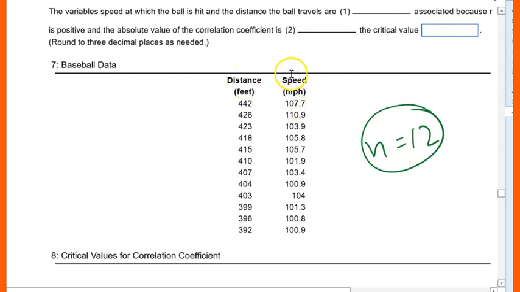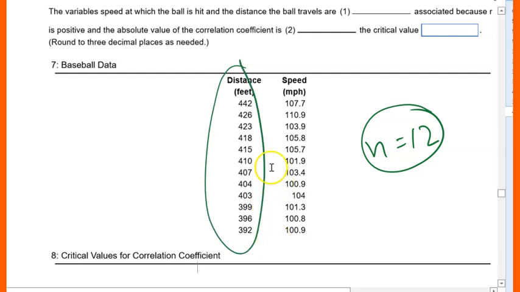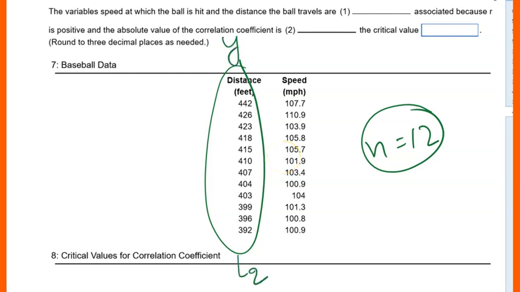Technically, more speed, the more distance traveled. Therefore, distance depends on speed. Distance is the response variable, which is y, and we put this in L2, and speed is the explanatory variable, which is x, and we put it in L1.